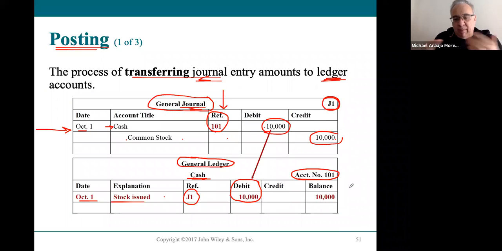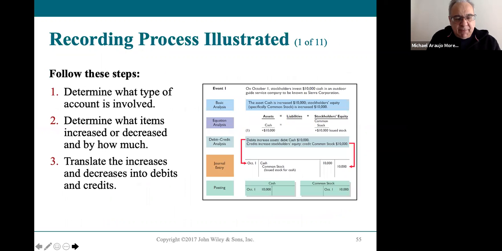We are worried and focused on transferring the data from the journal into the specific account in the ledger. So you'll see how this is done. Okay. So this is the entire recording process of all 11 events that were introduced to you in Learning Objective 1.